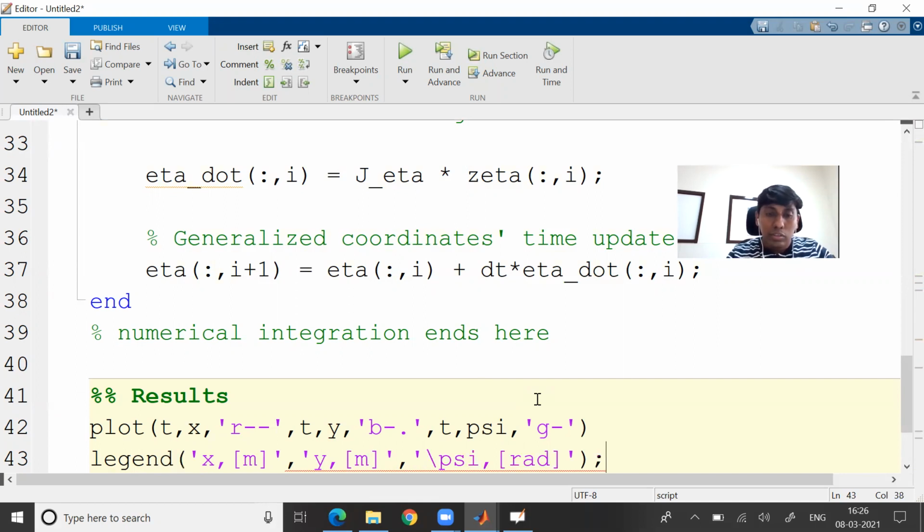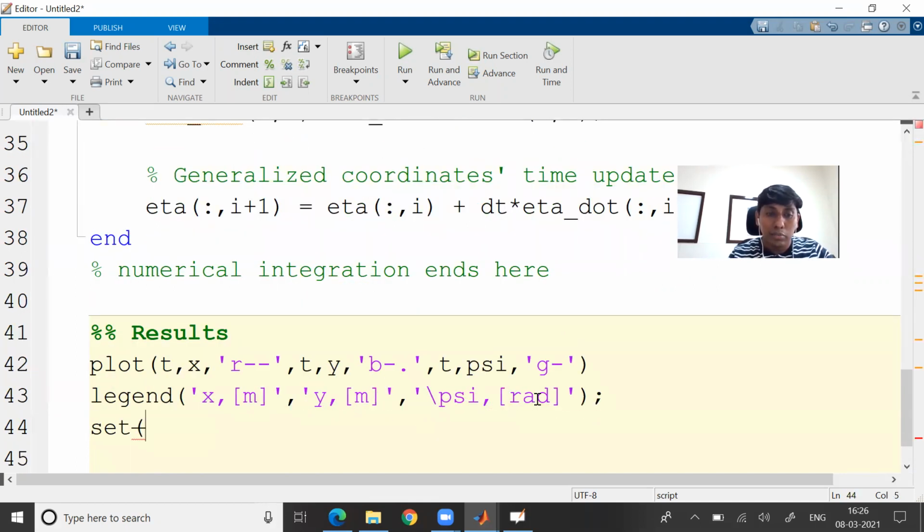Then I'm setting the graphics font size to 24 just for presenting here.